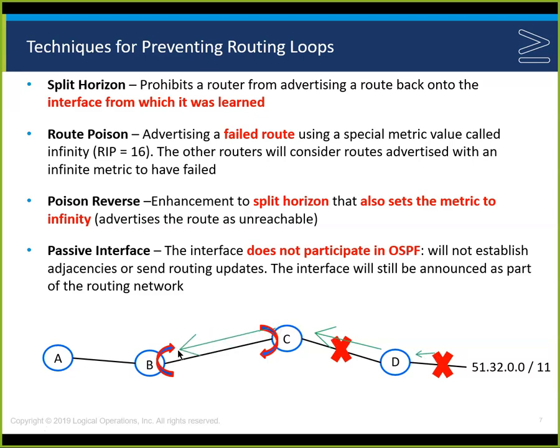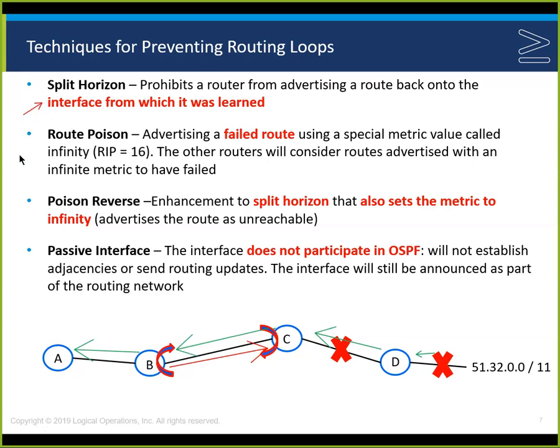C tells B, and B tells A. So it's going to go to B, to C, to D. This goes down, and before D can update C, if we don't have split horizon, B says, hey, I know how to get there. So C will now send that traffic here, and we'll just go back and forth, bouncing around, because B is still going to go in the right direction.